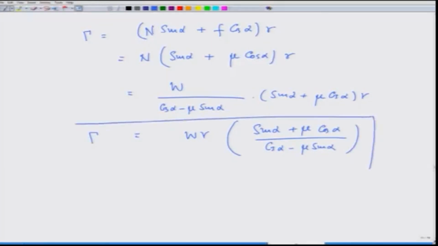This is the torque required to lift weight W.